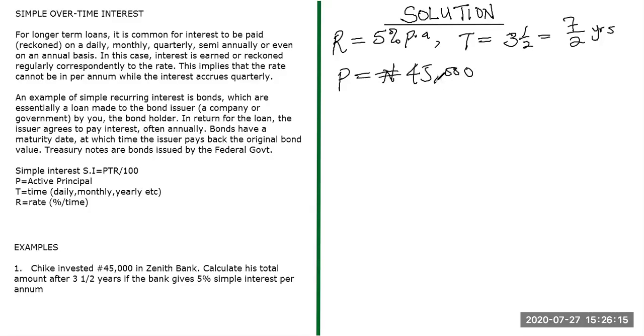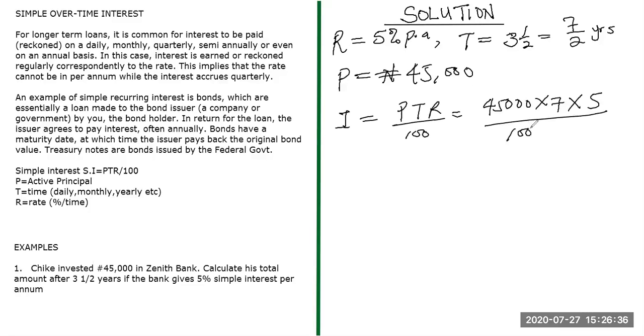All right. What are we asked to calculate? Total amount. So we now say that the interest, simple interest, is PTR over 100, and that will give us 45,000 multiplied by time, which is 7 over 2, multiplied by rate, which is 5, over 100 times 2.